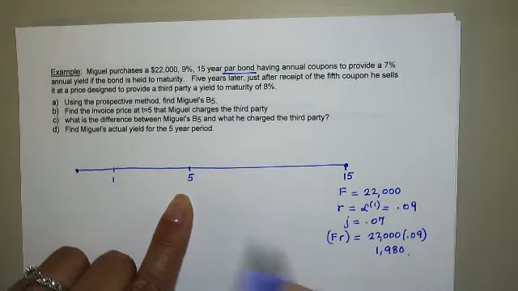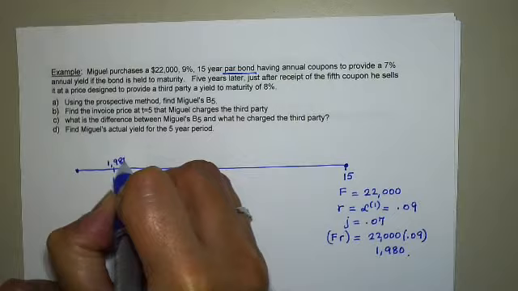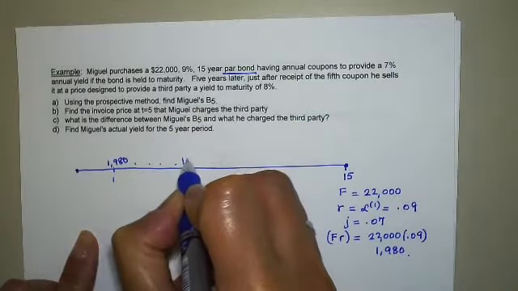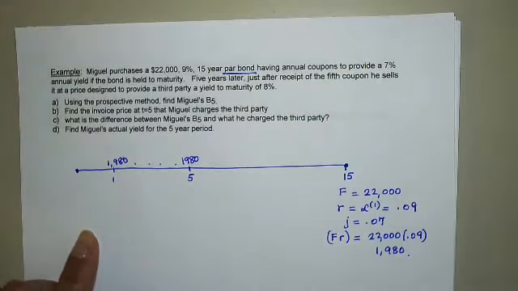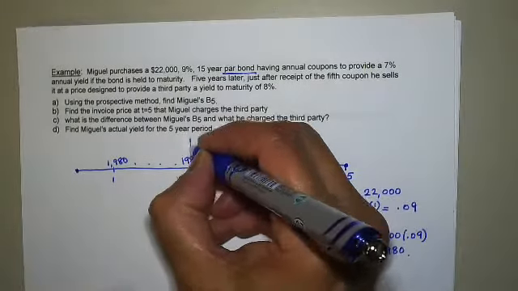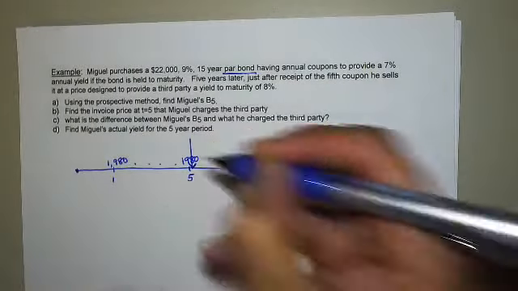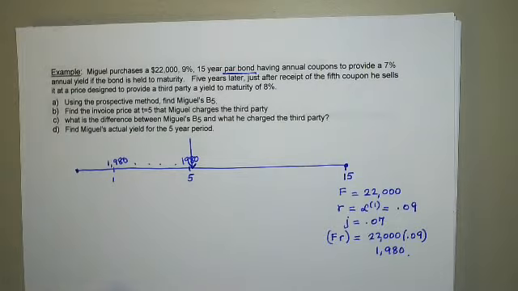FR is equal to 22,000 times 0.09, 1980. So 1980, 1980. After receipt of this 1980, he sells it at a price designed to provide a third party a yield to maturity of 8%.